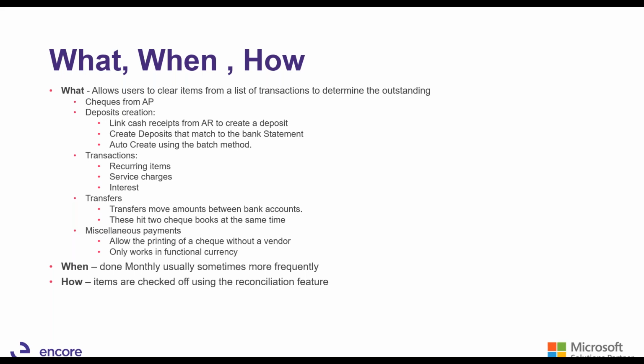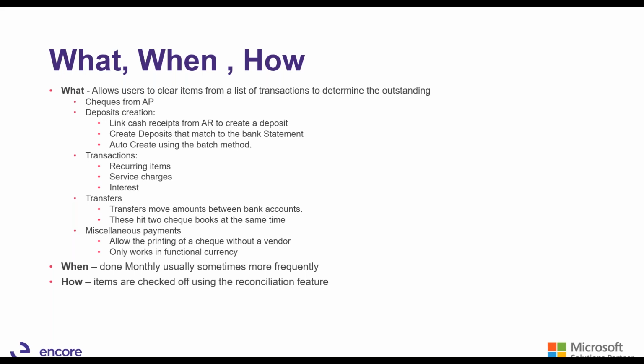Transaction entry, we do the transactions. We do recurring entries such as lease payments and rent payments and things like that that may be pre-authorized payments and you're not entering them into accounts payable. Service charges, obviously the banks like to get their pound of flesh from us all, so we have to pay our service charges.